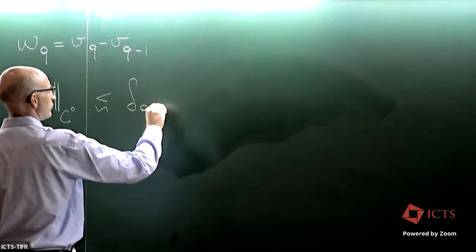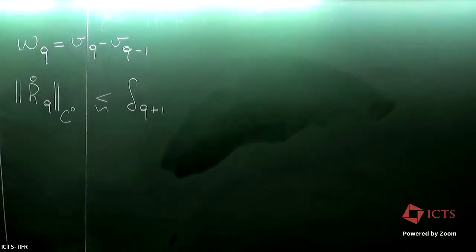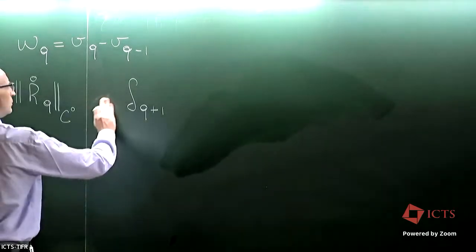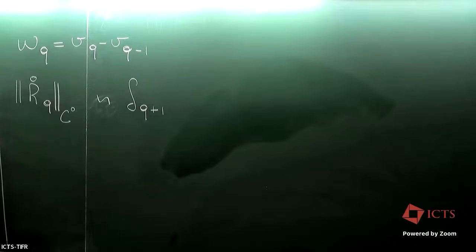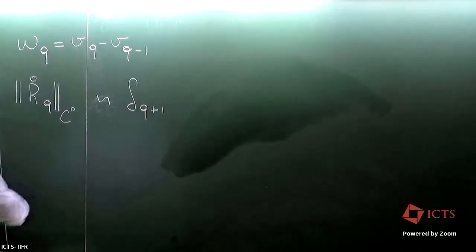I declare this to be less or equal than, or essentially comparable to, some sequence δ_{q+1}. Because the upshot of the whole system is that when I add the perturbation w_q, I'm trying to destroy the error that I had at the q minus 1 step.